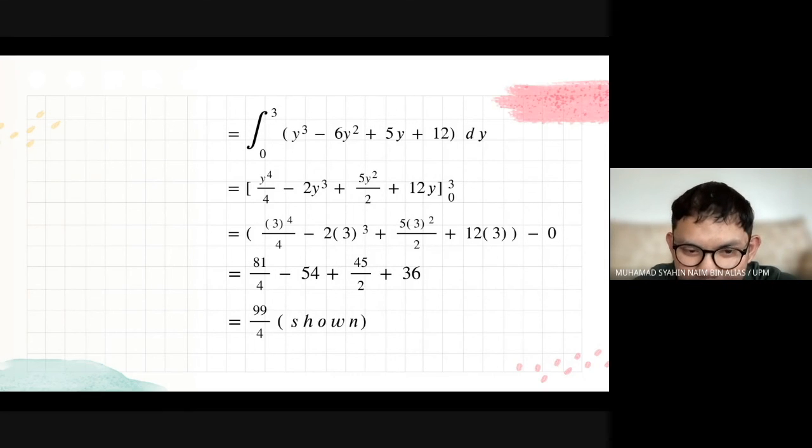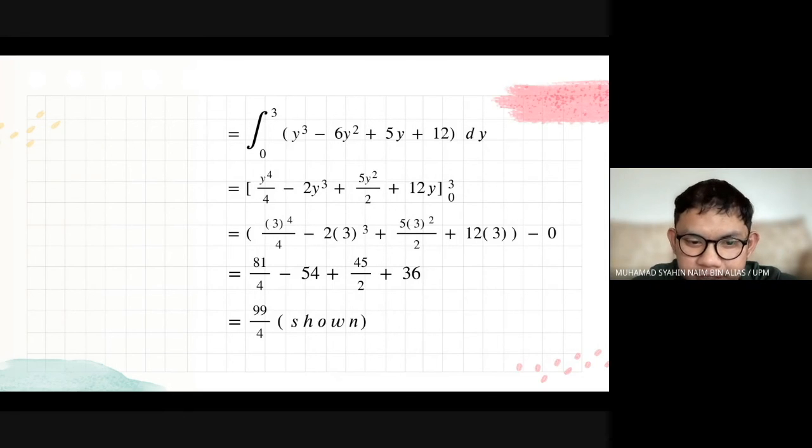We get 3 to the power of 4 over 4 minus 2 times 3 cubed plus 5 times 3 squared over 2 plus 12 times 3, minus 0, because substituting 0 for all the y variables gives 0.